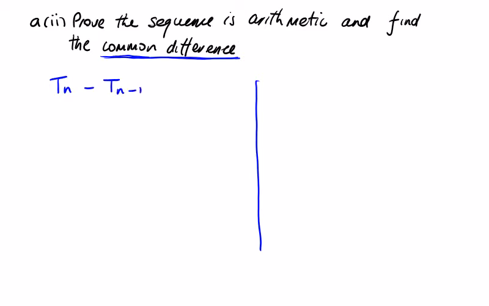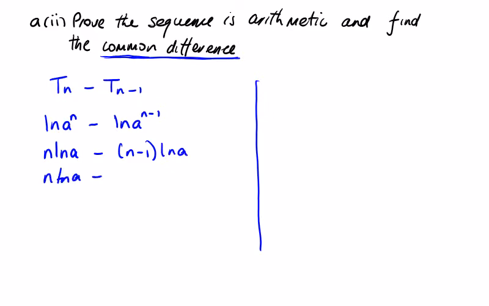Tn we know is the natural log of a to the power of n, and Tn minus 1 is the natural log of a to the power of n minus 1. So this becomes n times the natural log of a minus n minus 1 by the natural log of a, which, if we multiply this out, is n ln a minus n ln a plus ln a. So these cancel and we're just left with ln a.